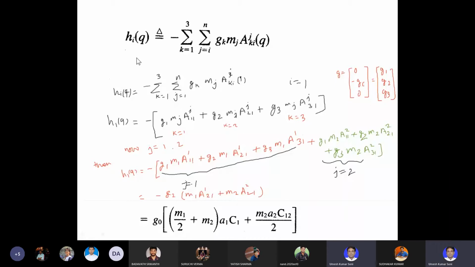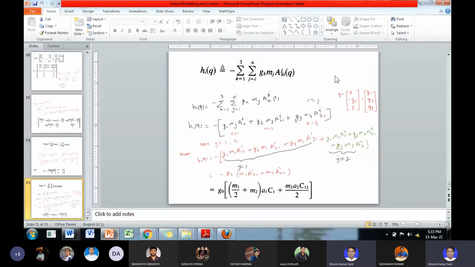So what are you doing here, GK, this is the simplified equation, GK MJ AJKI. Okay, so here you have the gravity. I will show you how it is going on.